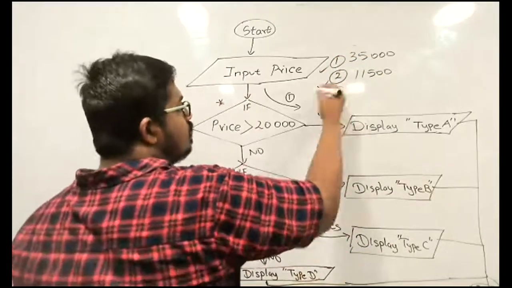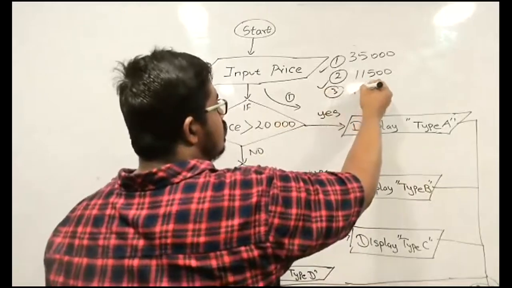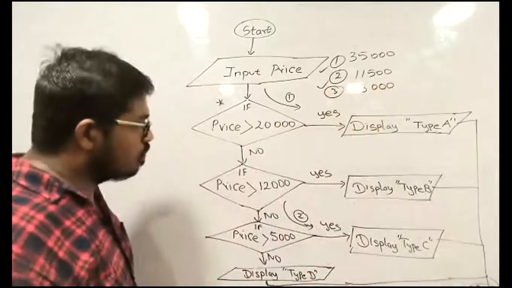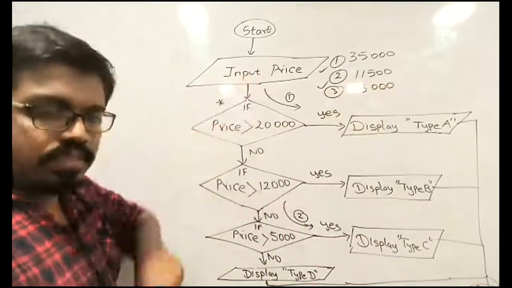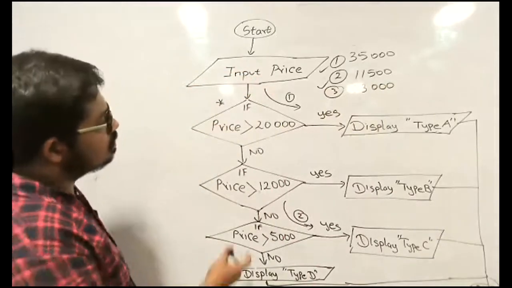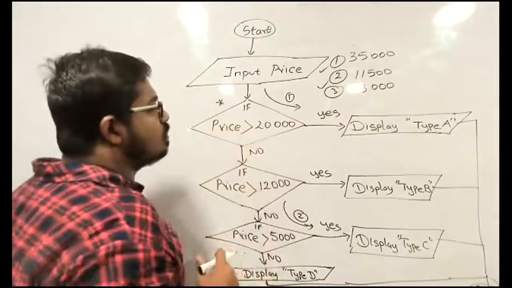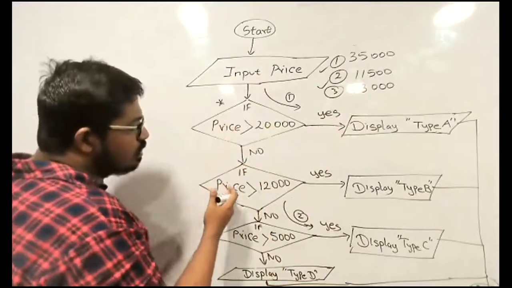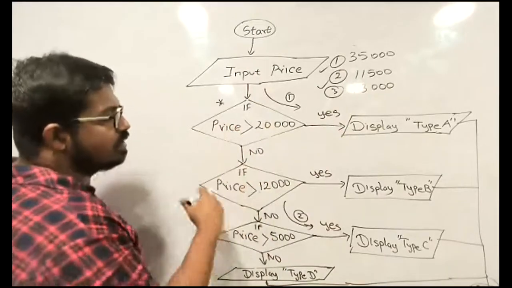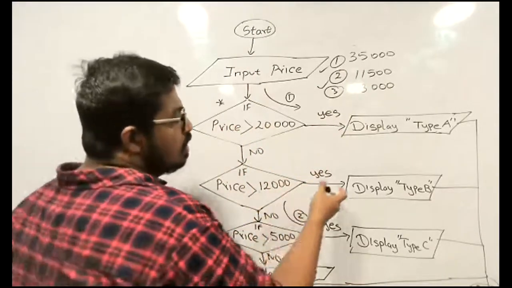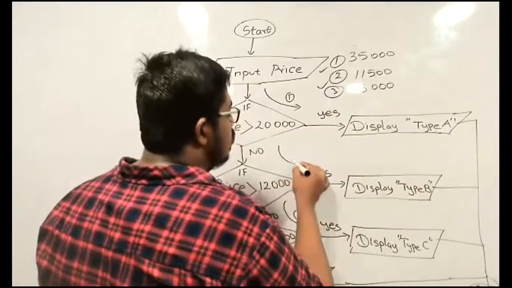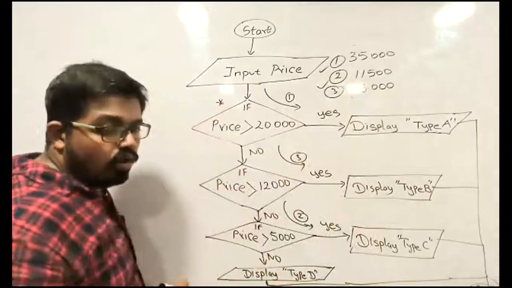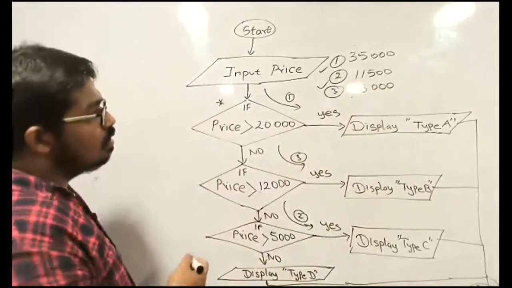My third data is 13,000. Input price 13,000. 13,000 greater than 20,000, which is false. 13,000 greater than 12,000, which is yes. Display type B. So for data 3, this is your output. Right? Fourth one.